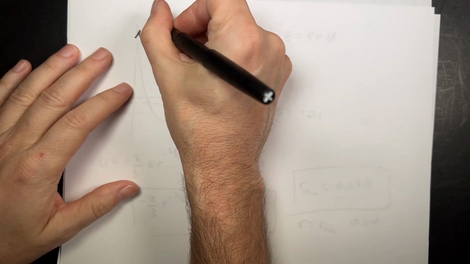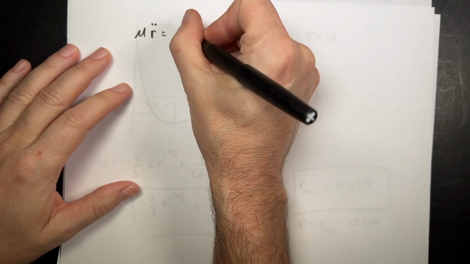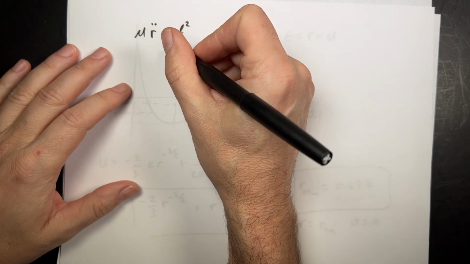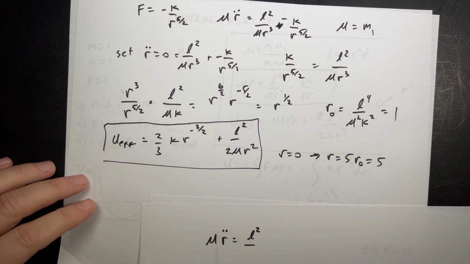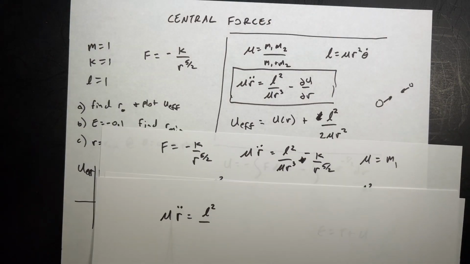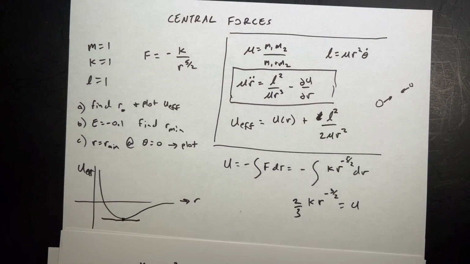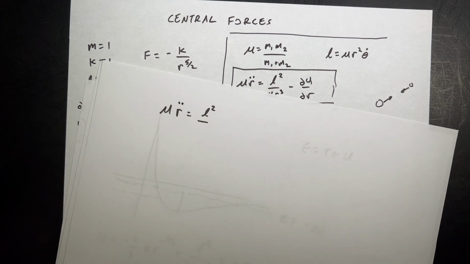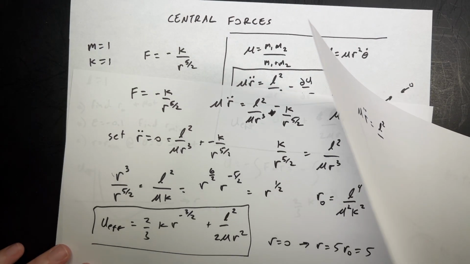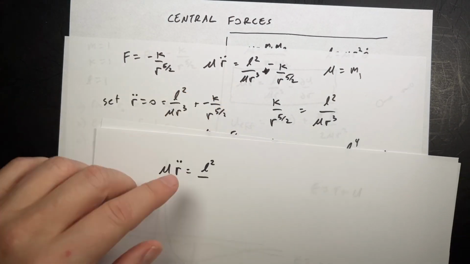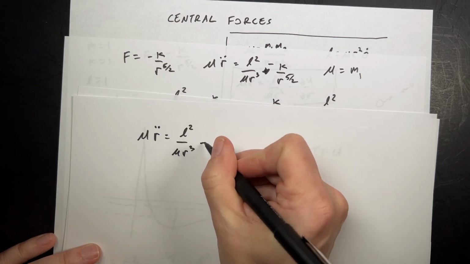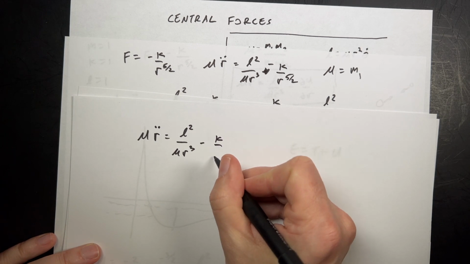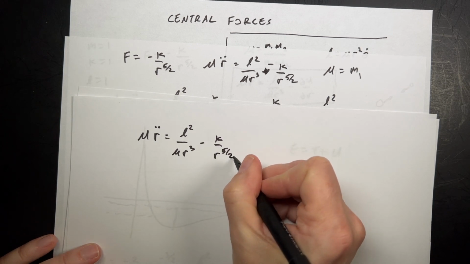Mu R double dot equals L squared over mu R cubed minus K over R to the 5/2.